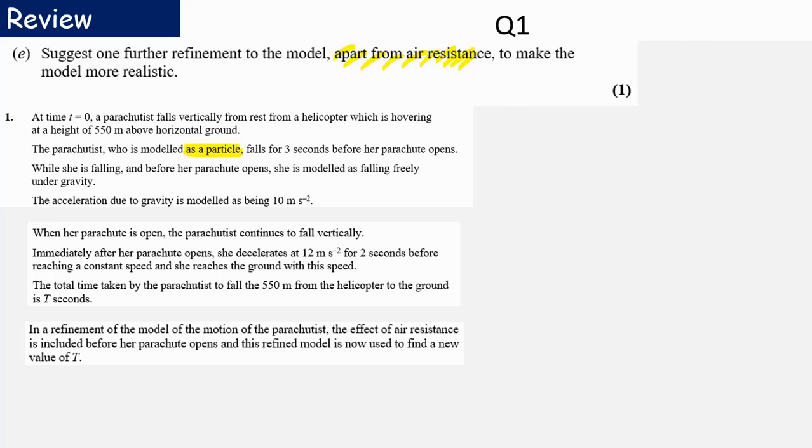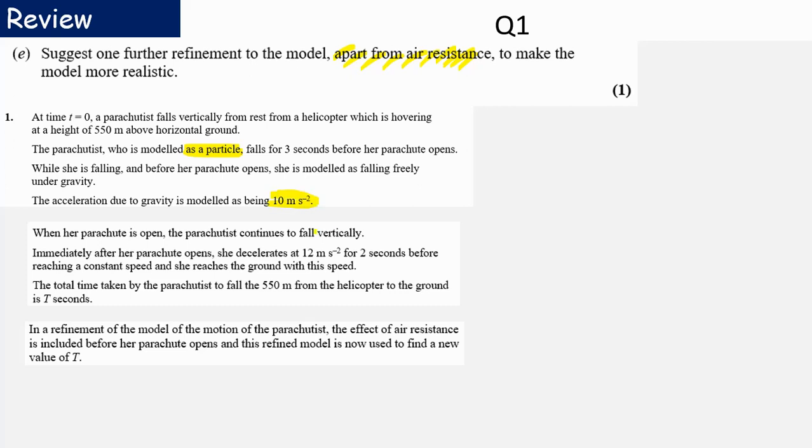While she is falling and before her parachute opens, she is modelled as falling freely under gravity, which is fair enough. The acceleration due to gravity is modelled as being 10 meters per second squared. You kind of know that that's got to be an improvement because we've got a better value of gravity as 9.8 meters per second squared.